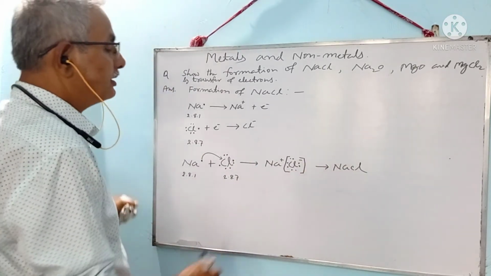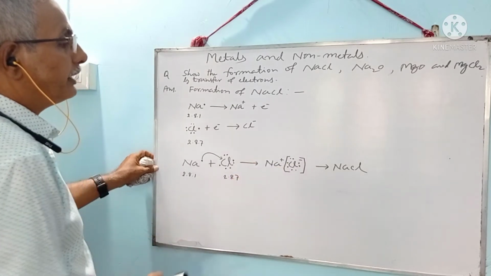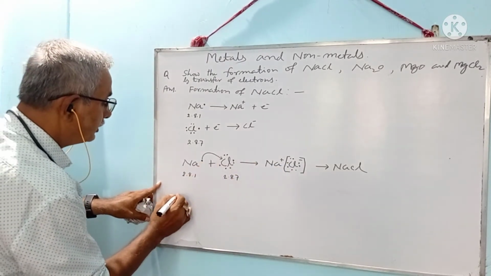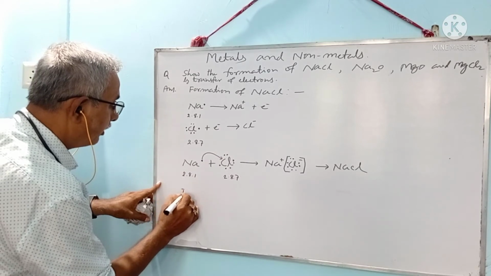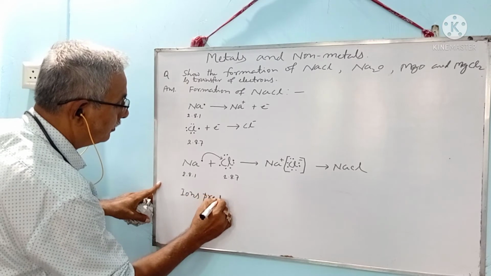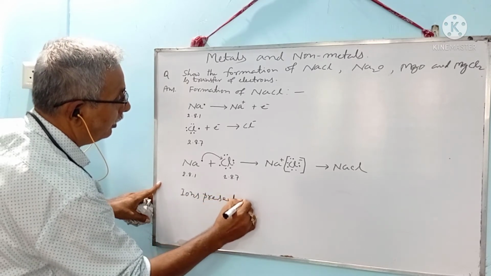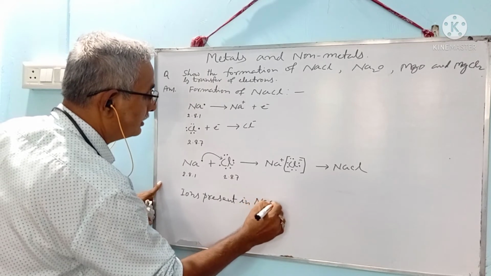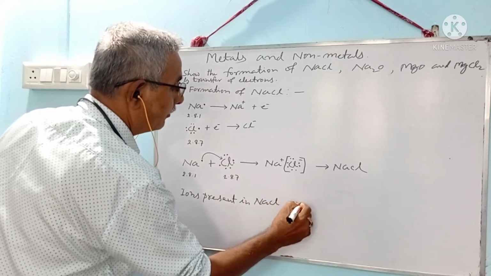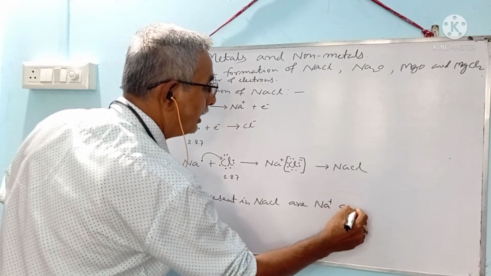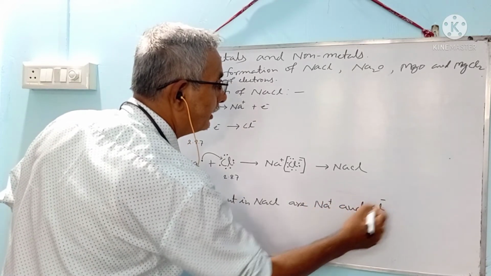Then you can write, ions present in sodium chloride NaCl are Na positive and chlorine negative.